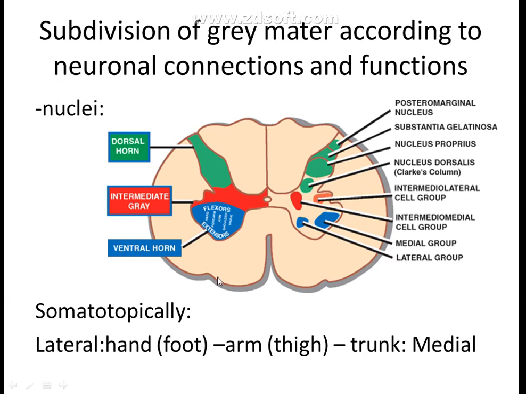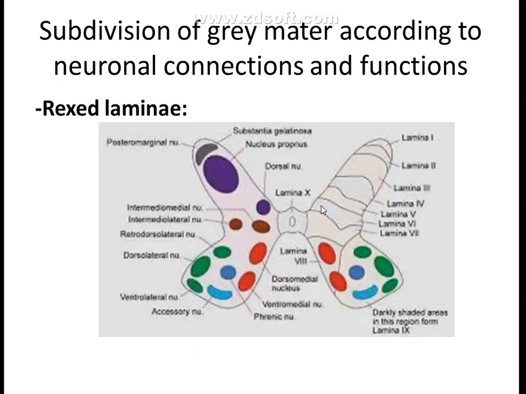And for example, if you have pressure due to a tumor from the anterior aspect, you will probably have damage to the extensor muscles before the flexor muscles. So somatotopia is important to be remembered, but the regional classification of nuclei and of laminae are only for general knowledge.